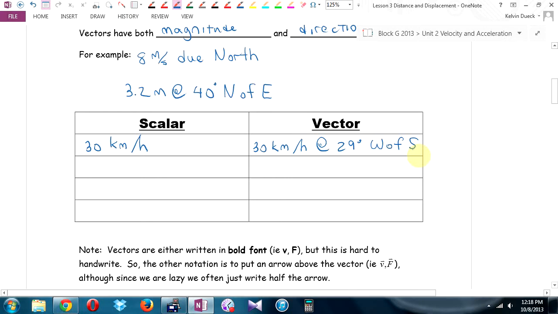That's a vector. How would I draw that, Mr. Dueck? You don't need to know this yet, but Tawny, can you read to me what it says after the at symbol? 29 degrees West of what? West of what? You would go south first, like that. Which way would west of that be, left or right? How many degrees? 29? You know what? It looks something like that, kind of. Preview of coming attractions.